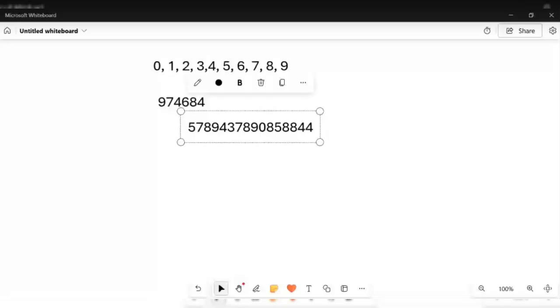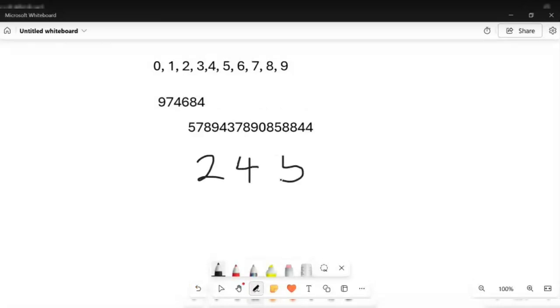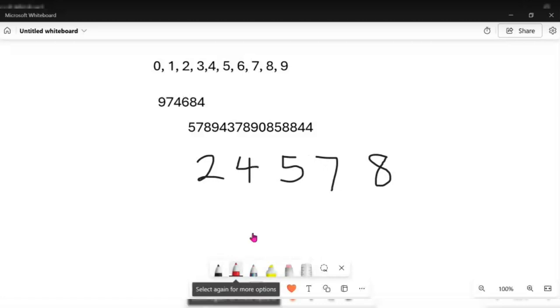We classify them in threes, meaning that if I choose to write a number, take for instance 2, 4, 5, 7, and 8, for whatever I choose to do with them, I must first understand that I must classify them in threes. 1, 2, then 3.